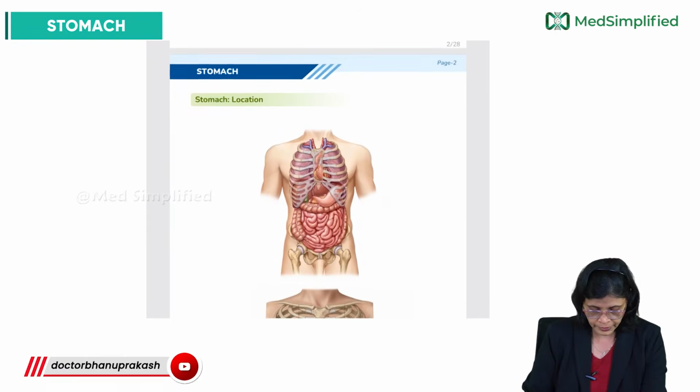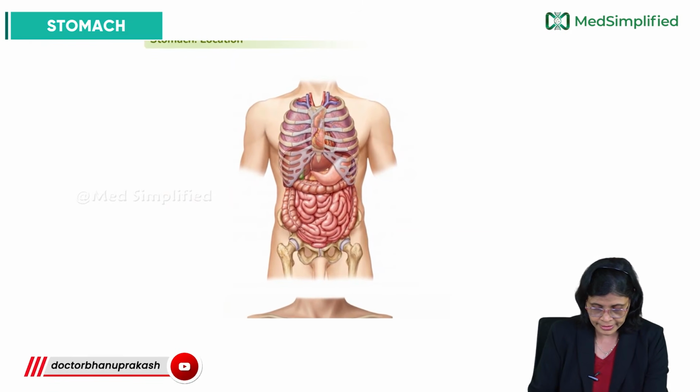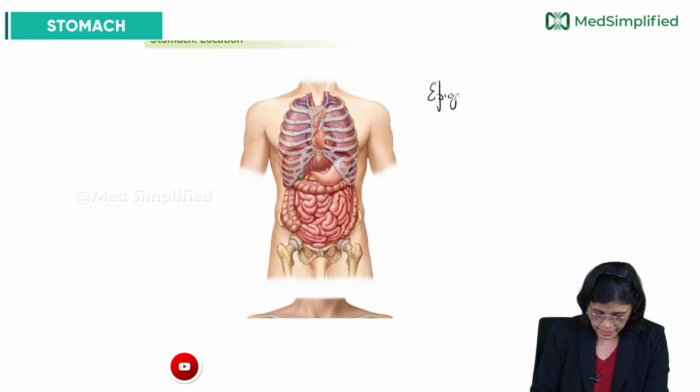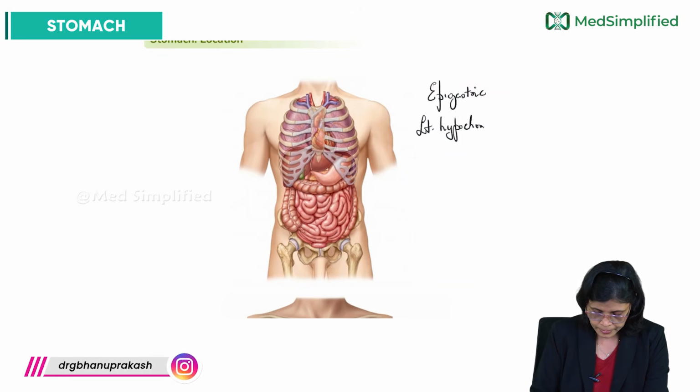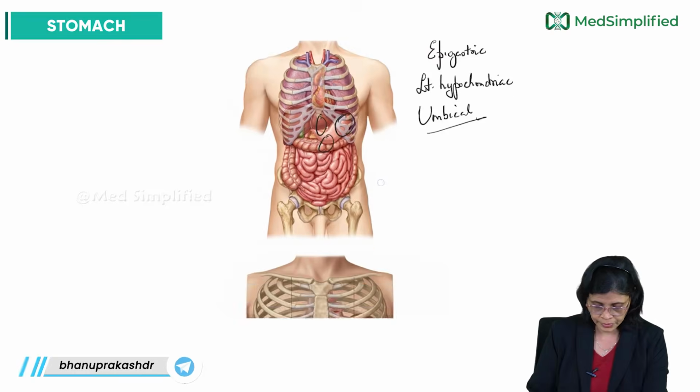So where is the stomach located? The location of the stomach is in the epigastric, left hypochondriac, and umbilical regions. So in the 9 regions of the abdomen, it occupies the epigastric, the umbilical and the left hypochondriac region.